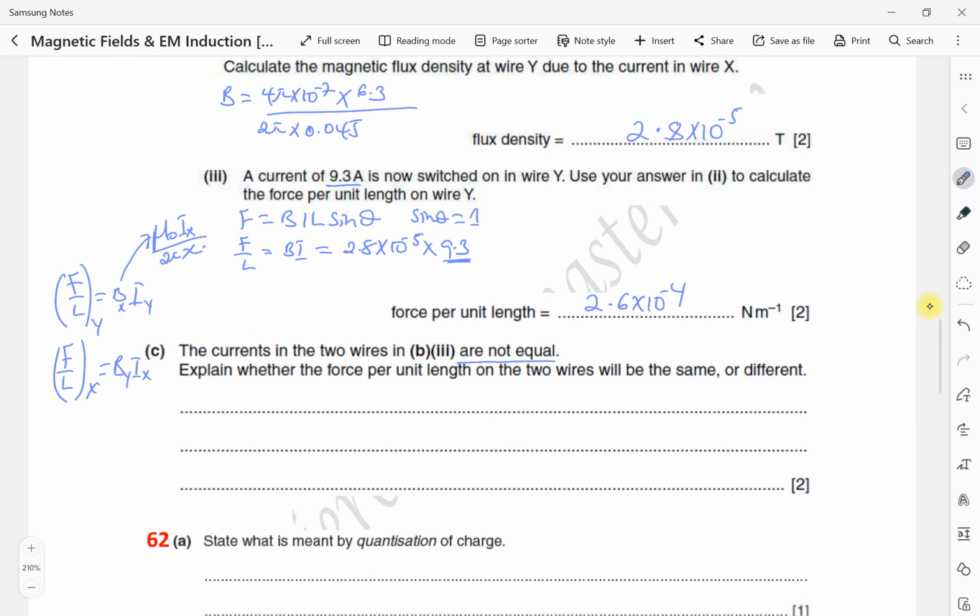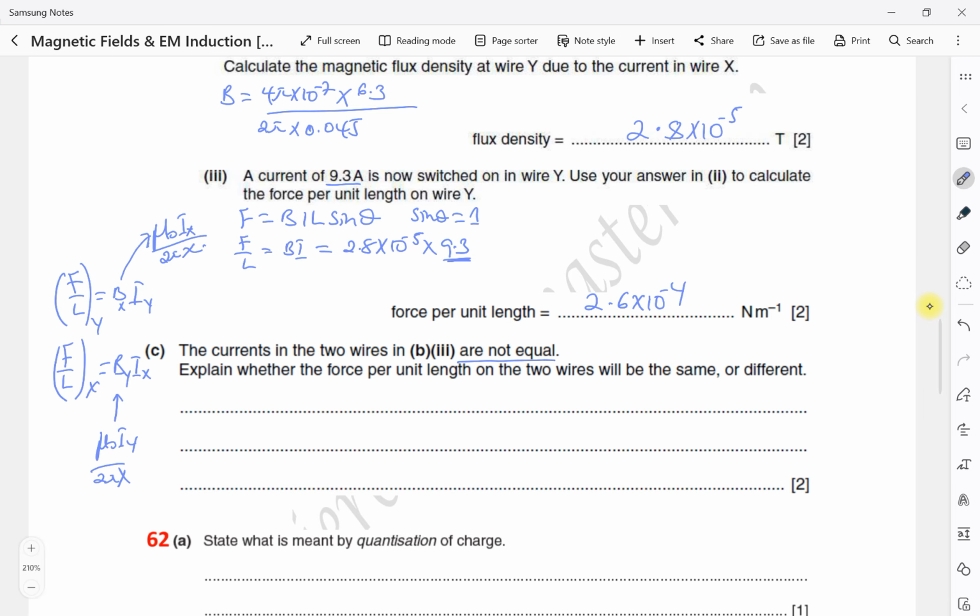B caused by Y is mu naught times current in Y divided by 2 pi times x. We notice that in all cases, the force per unit length depends on the product of Iy and Ix.